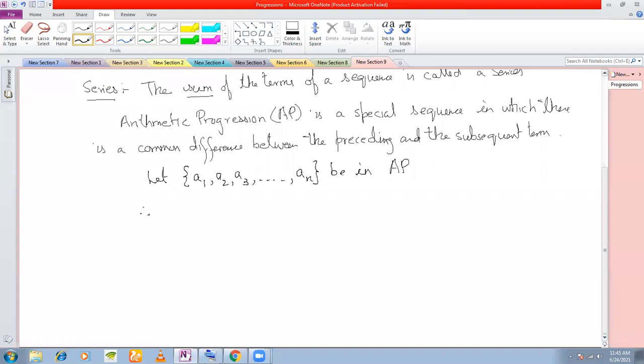Therefore, you can write A2 minus A1 is equal to A3 minus A2 is equal to, and this will continue till AN minus AN minus 1. Okay, this is called D, common difference. This difference is called common difference.